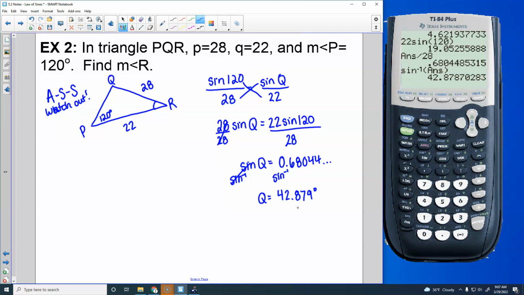Okay, so right here is where we have to check for the ambiguous case. So you probably want to write this down, maybe with a star or box or something.